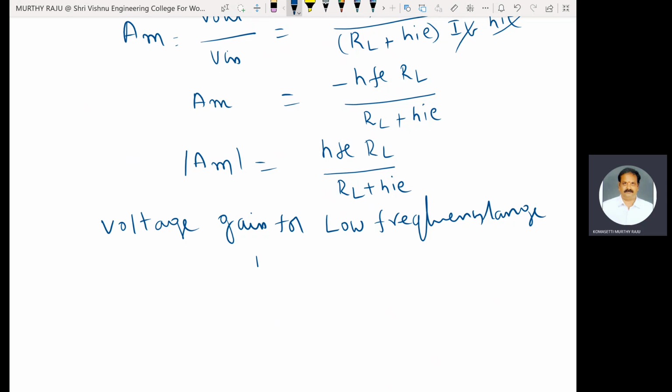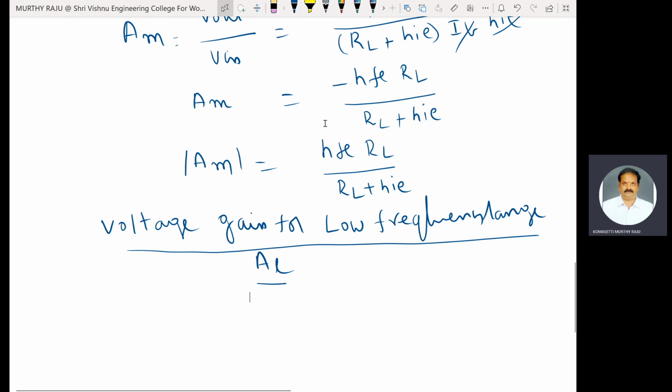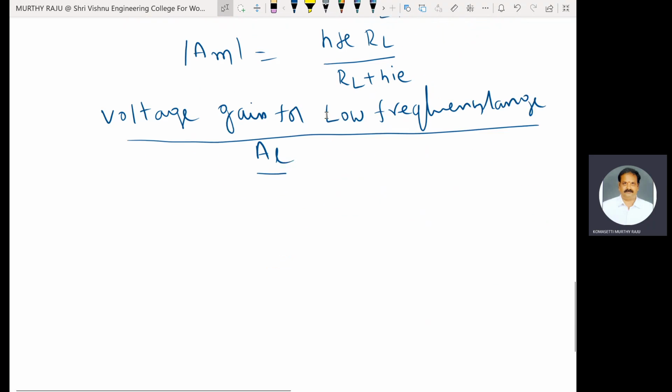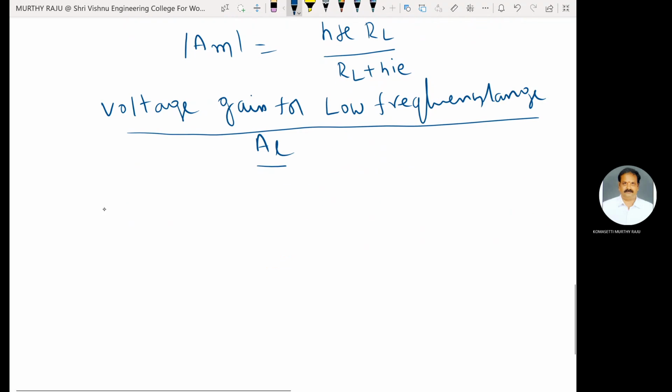It is represented by AL. In the low frequency range, the reactance of the coupling capacitor C must be included. The shunt capacitor, however, can be neglected in the given circuit. Only the coupling capacitor is considered at low frequency.